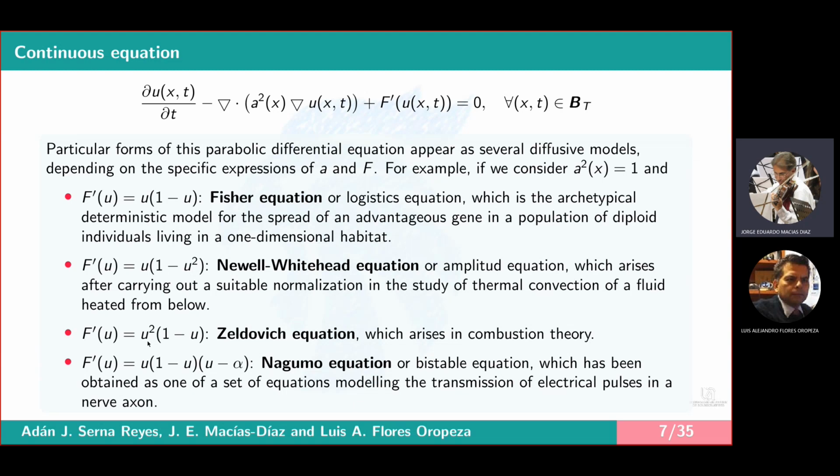If f prime of u is u squared times (1 minus u), then the resulting model is the Zeldovich equation, which arises in combustion theory. And finally, if f prime of u is of the form u times (1 minus u) times (u minus alpha), with alpha between 0 and 1, then the resulting equation is the Nagumo equation.